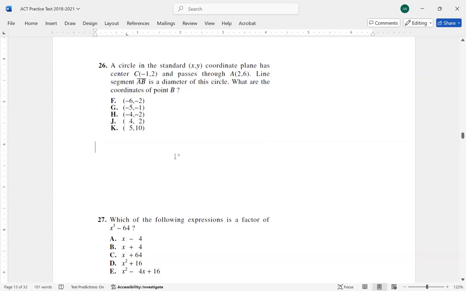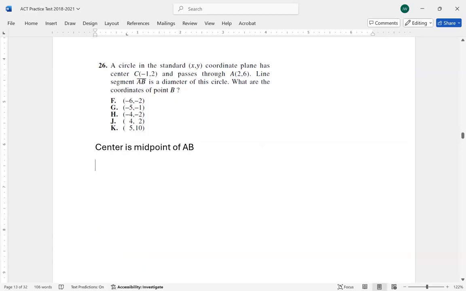Well, for this one, this is actually realizing that the center of the circle is the midpoint of line segment AB. So that means that the -1, which is the x value of the center, is going to be the x value of point B plus the x value of point A divided by 2.